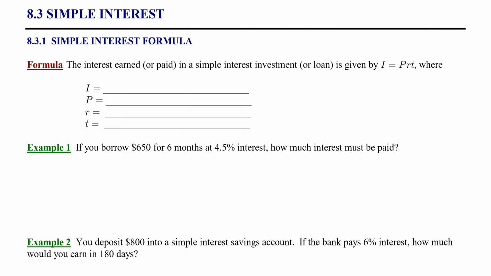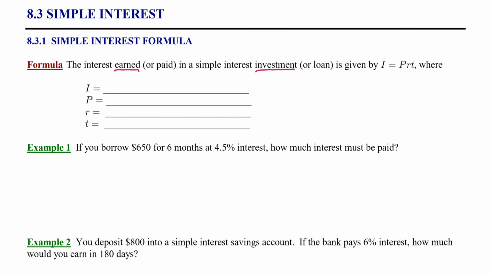So the interest earned or paid on a simple interest investment or loan is given by I equals PRT. Now, let me explain the two views of simple interest here. If you have an investment, such as a savings account, then the simple interest is an amount of money that you earn.